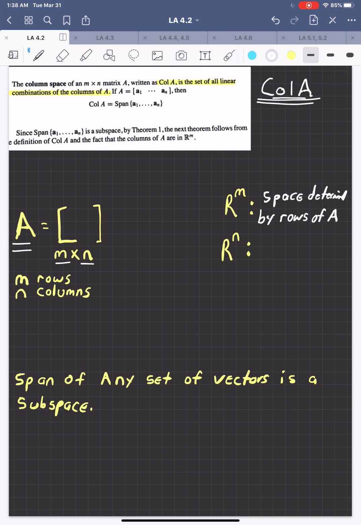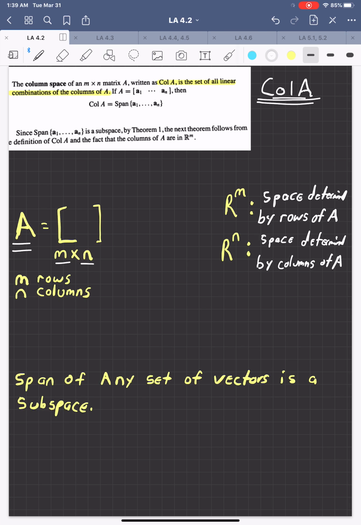So if we have 3 rows, then Rm is R3, three-dimensional space. If there's 2 rows, then Rm is two-dimensional space. Obviously, Rn is the space determined by the columns of A.